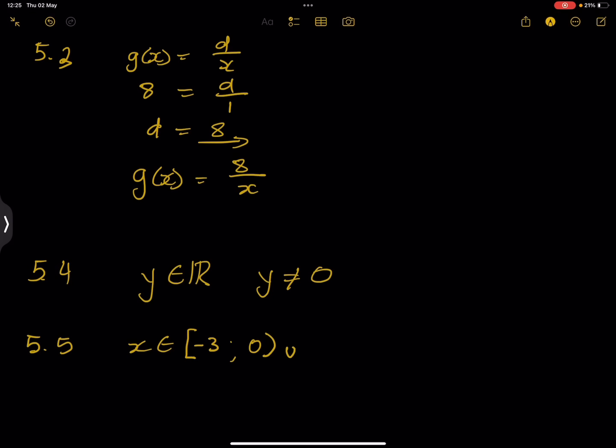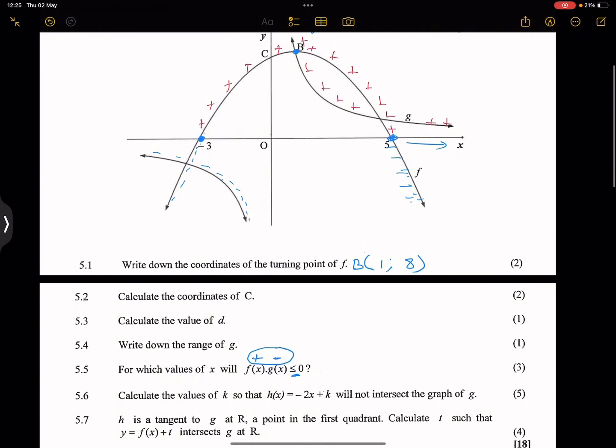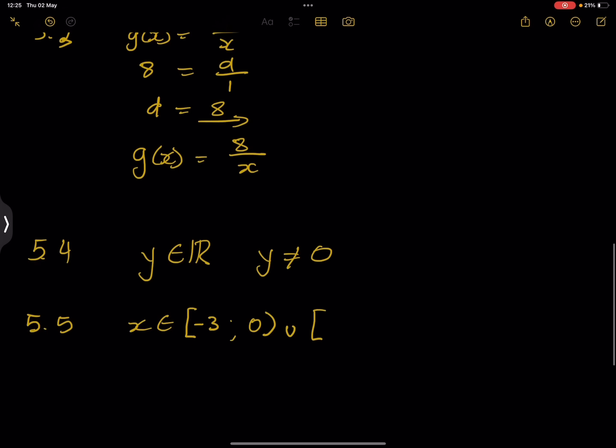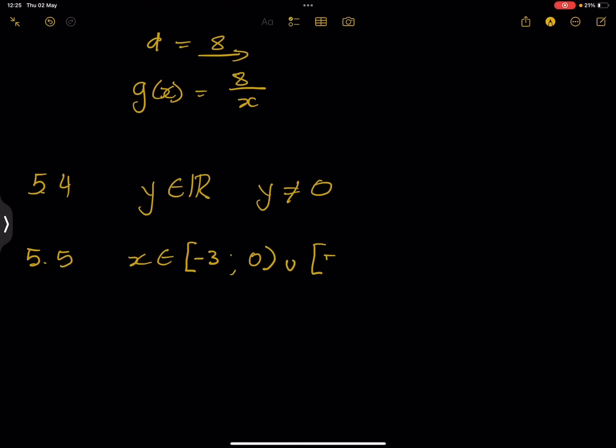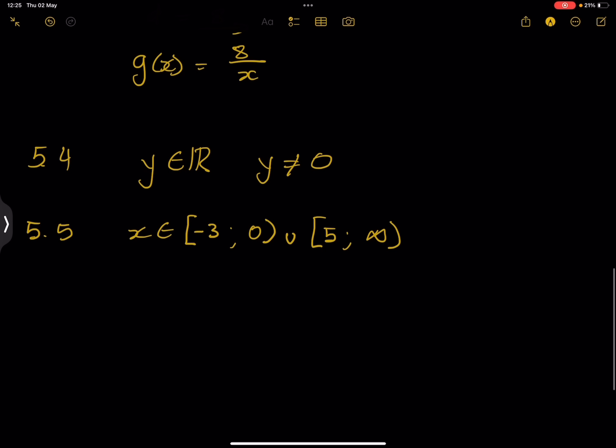But again, it begins at 5, where they start having opposite signs. So from 5 all the way to infinity. Remember that infinity is never included.